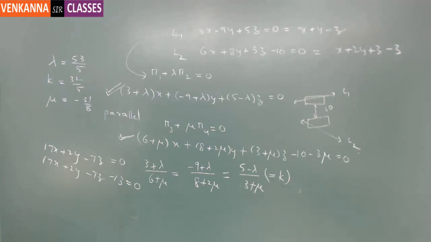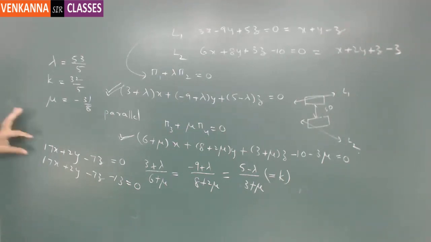The checking condition here is, after finding the plane equations, the coefficients must be equal because you are finding parallel planes. If they didn't come out like that, it means you made a mistake in evaluating the values of lambda, k and mu. That is a check on whether the planes we have arrived at are right or wrong.